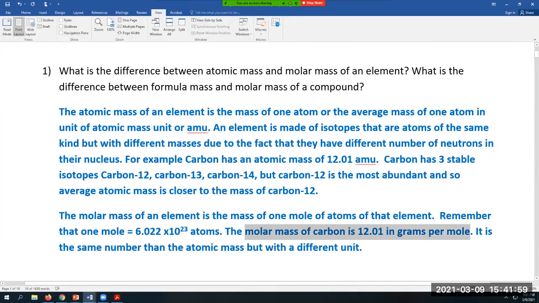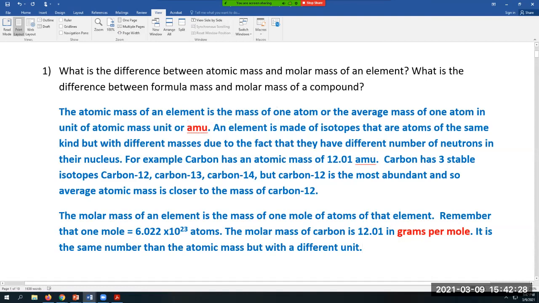So the molar mass is given in grams per mole, while the atomic mass is given in AMU. The atomic mass unit refers to the mass of one atom, or the average mass of one atom, and the molar mass is the mass of 1 mole of these atoms.